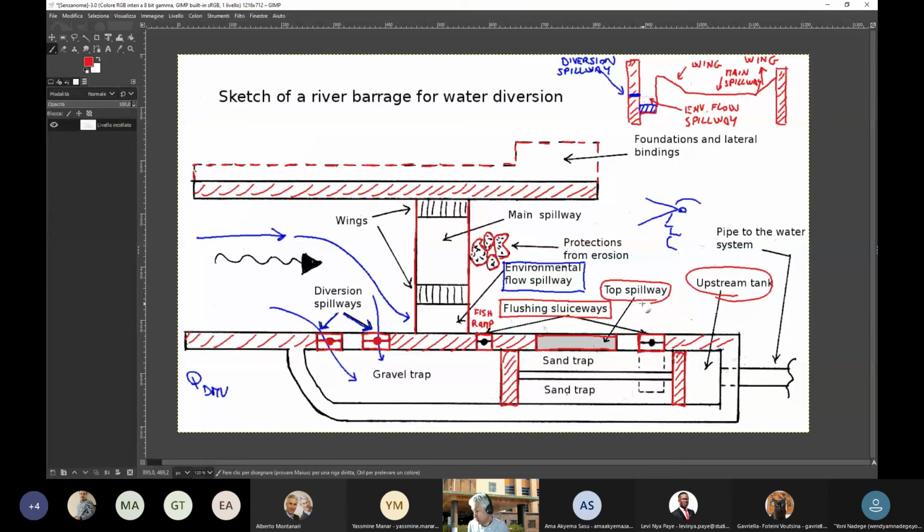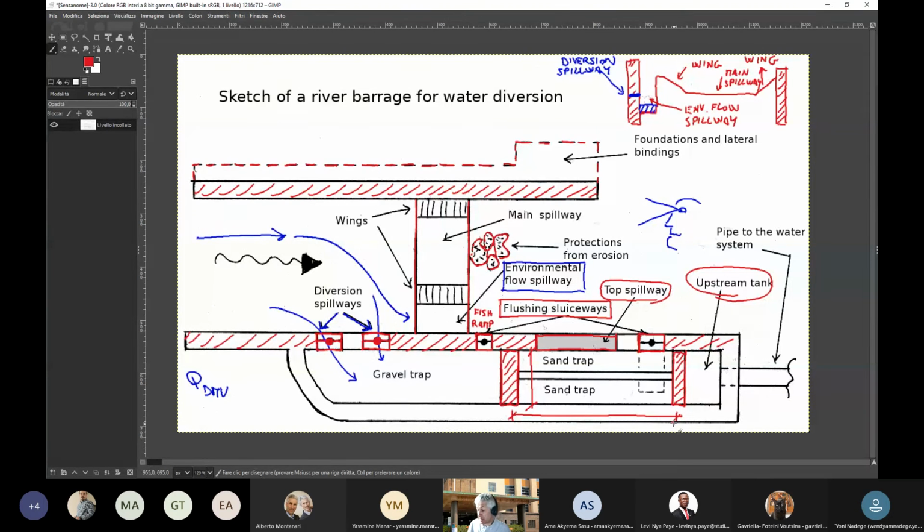Now, how to design the size of the sand trap and gravel trap? What we usually do is to apply a physically based method for designing the size of the sand trap. And the size, I mean the width, this one, and the length, this one. Okay, how can I design them?